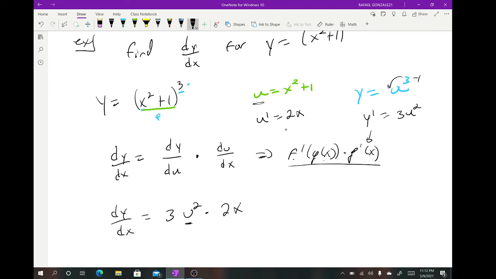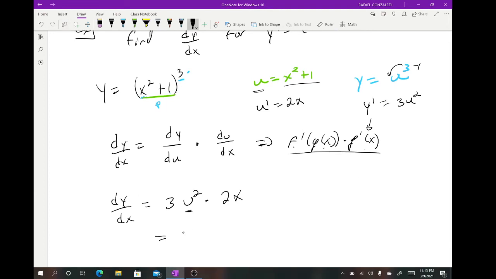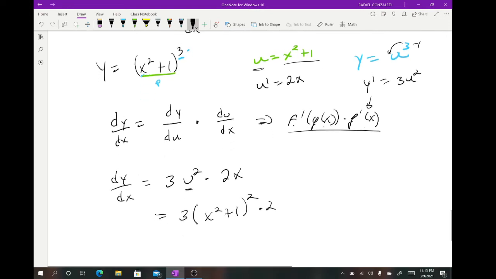So let's bring back our u. U was x squared plus 1. So let's substitute that back in. So this is 3 times x squared plus 1, squared, times 2x. So I simply substituted back the value of u from up here. And now we can simplify this. So we have to expand this. So this is x squared plus 1 times x squared plus 1 times 2x.